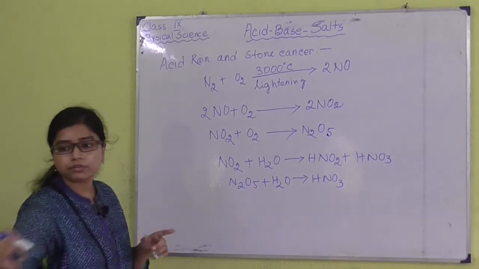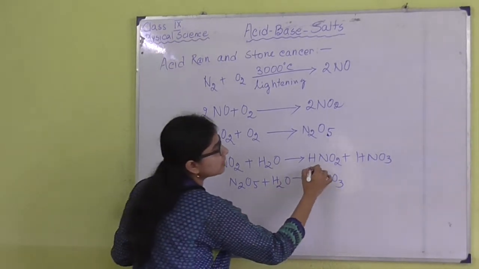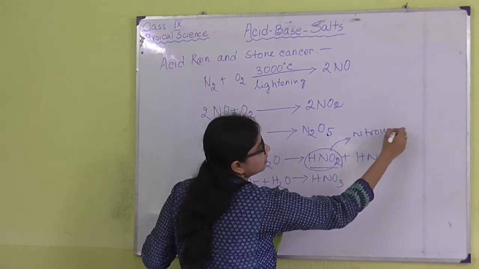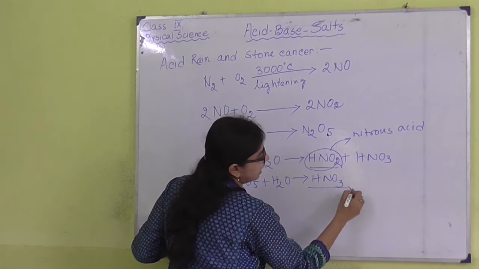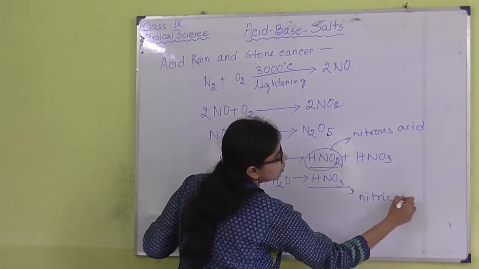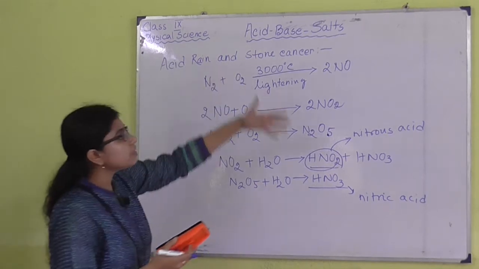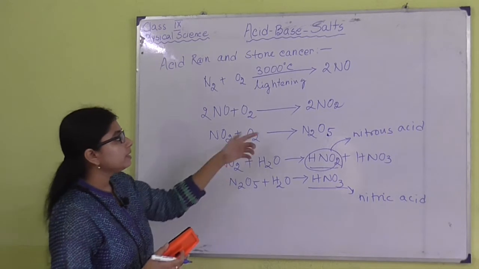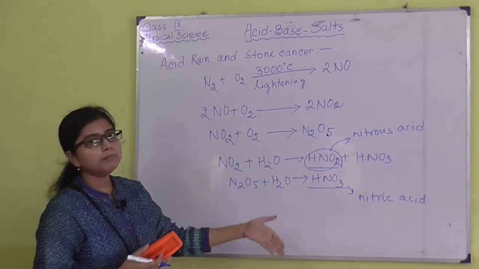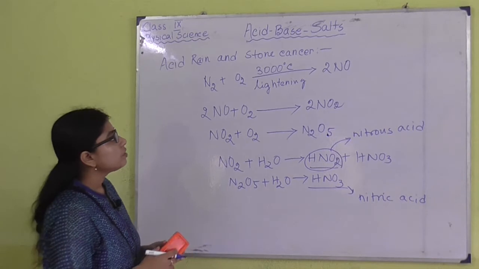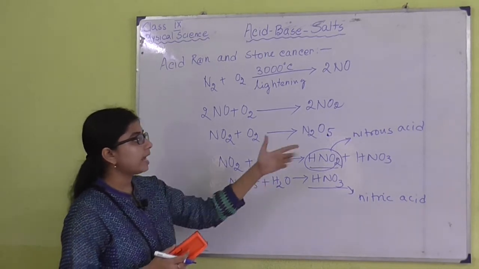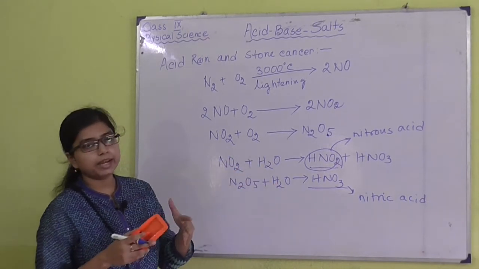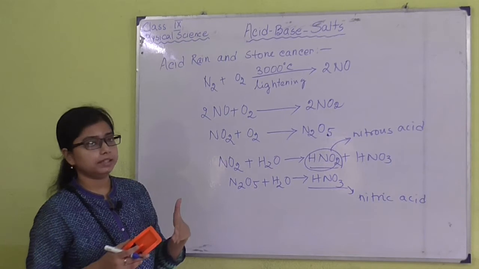Nitric acid means HNO3 and nitrous acid means HNO2. Okay. So, now if these reactions happen in the atmosphere, then by raining these two acids will come to the earth. So, in this way we can see that nitrous acid and nitric acid are formed, and together they will combine with the rain to make the rain acidic.